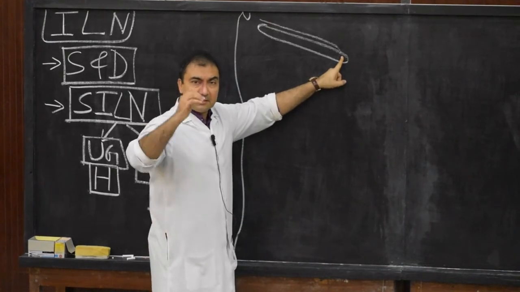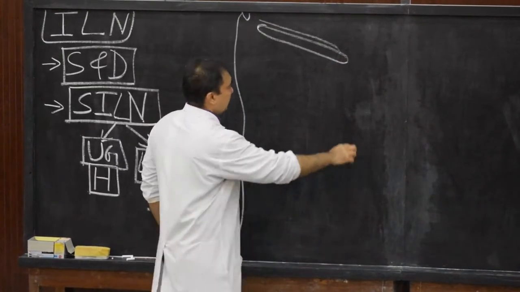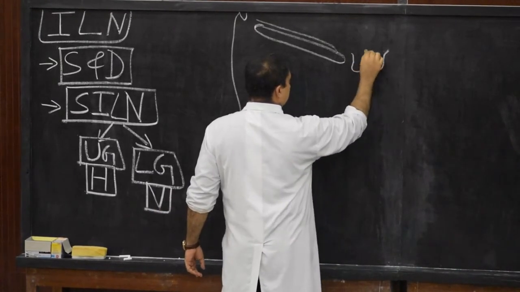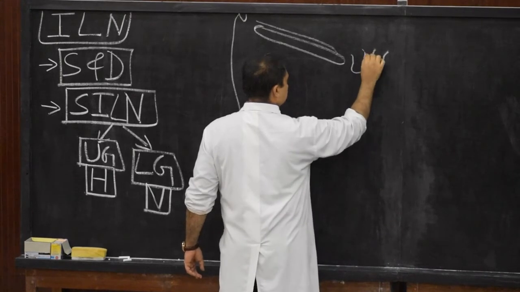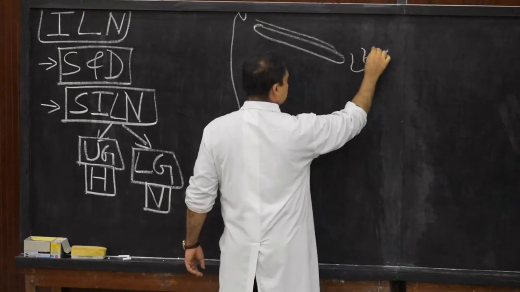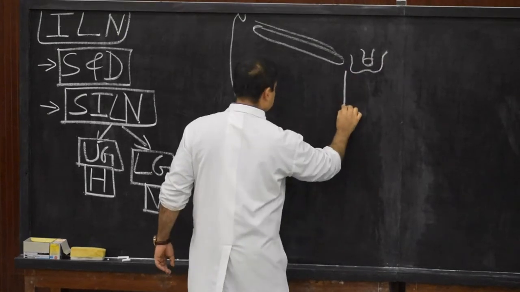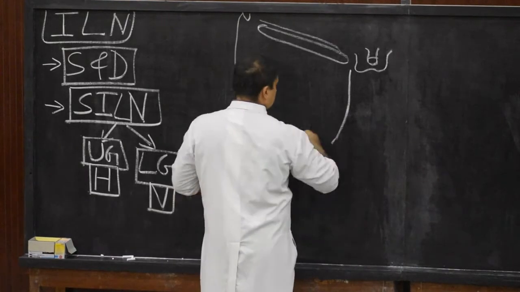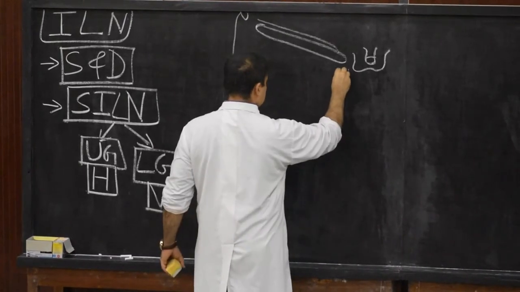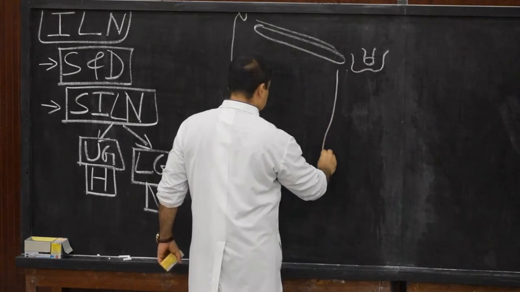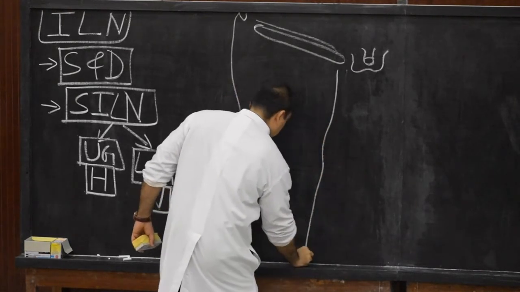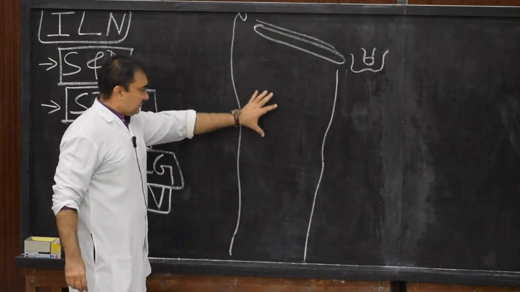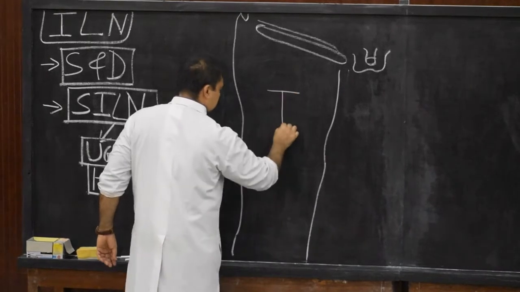Here we complete this with the scrotum and the penis, then the medial compartment of the thigh, and then the lower limb. This is the thigh, and this will be the leg.